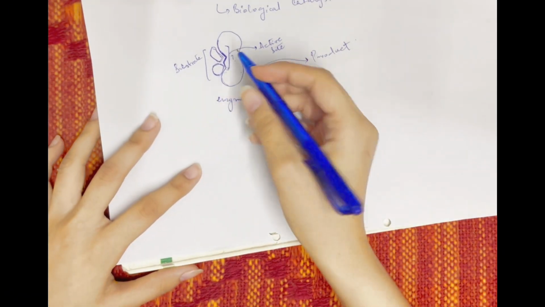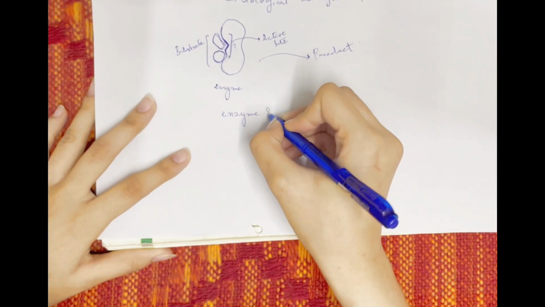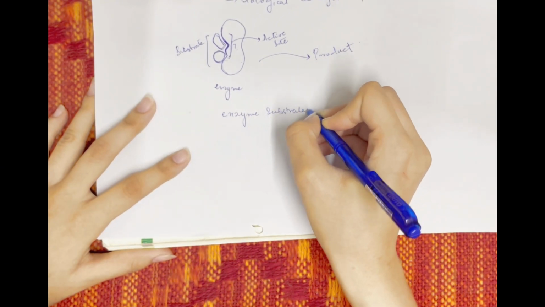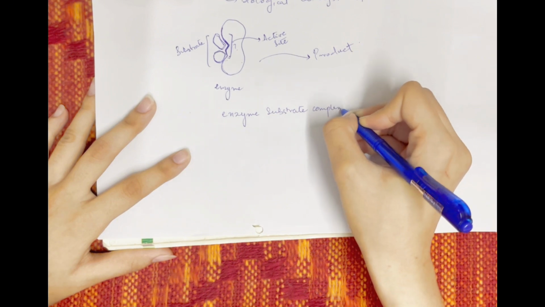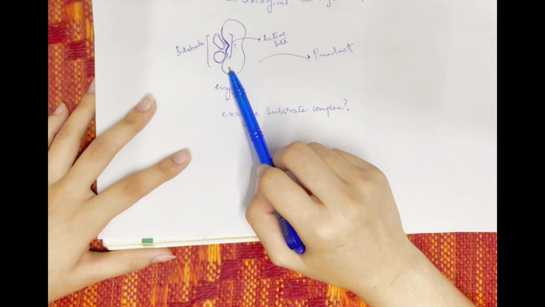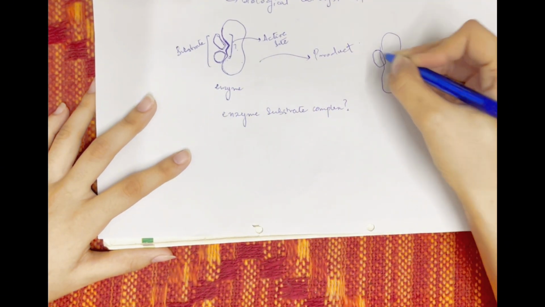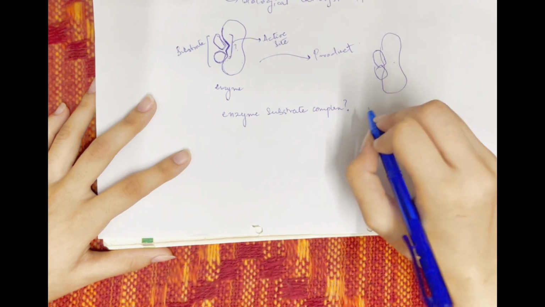Then what we need to know is what an enzyme substrate complex is. When a substrate is attached on the active site of an enzyme, it forms a structure like this. This means that the substrate is attached onto the enzyme.